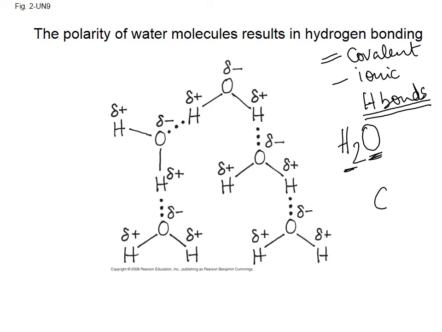So this in here is the inner orbital, the first orbital, which has 2 electrons, and then 3, 4, 5, 6, 7, 8. So oxygen has 8 electrons, of which 2 of them are already put into the first orbital.